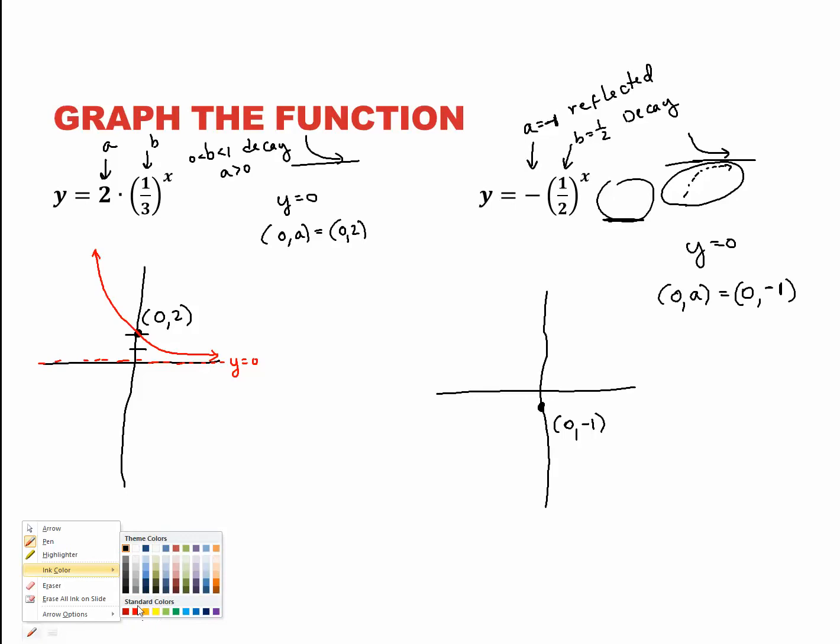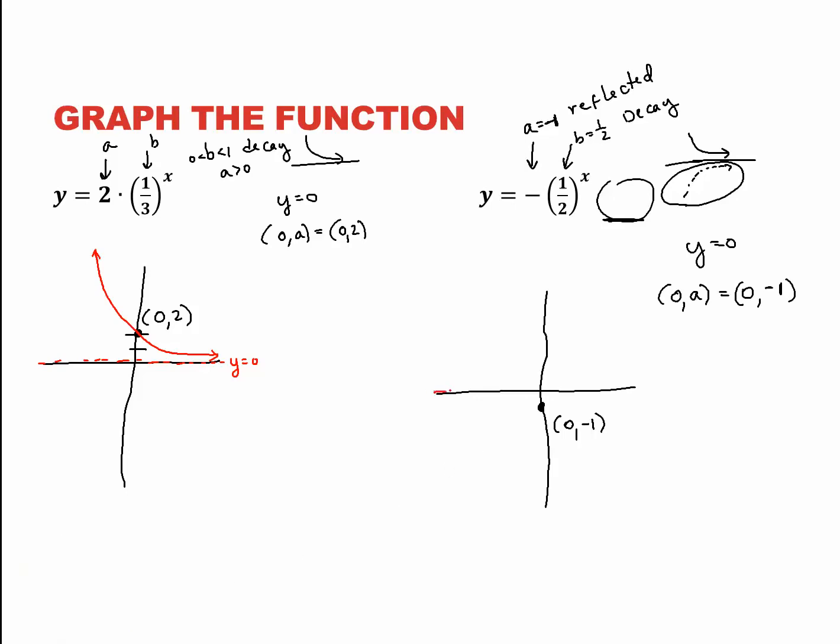Getting another color. y equals 0. And it's reflected decay, so it's going to do this. There we go.